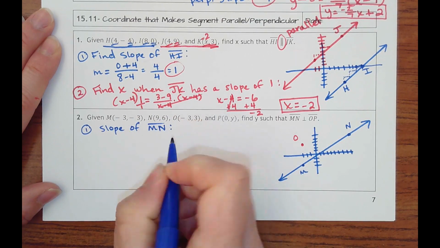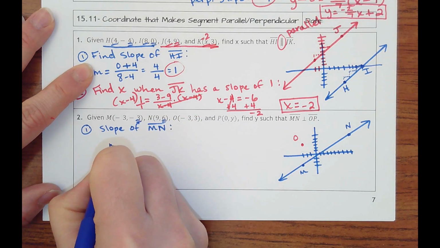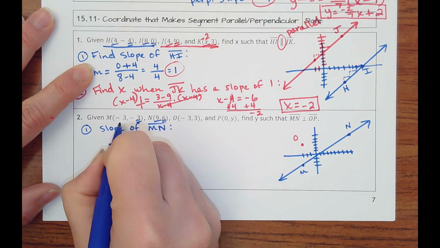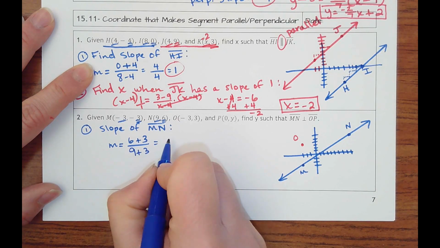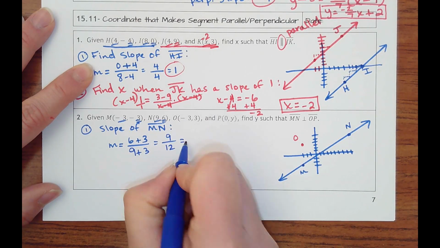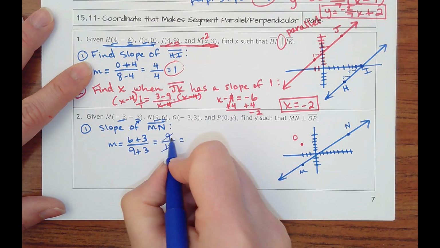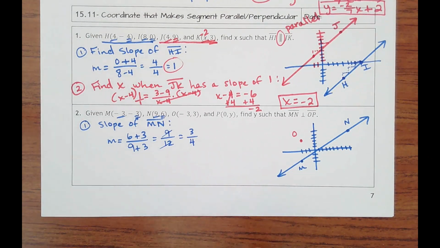With our slope formula, so that would be 6 minus -3, which would be 6 plus 3, over 9 minus -3, which is 9 plus 3, would be 9 over 12, which is a fraction. We need to simplify it by dividing by 3. That would be 3/4. But be careful, we're not trying to keep it the same slope this time.